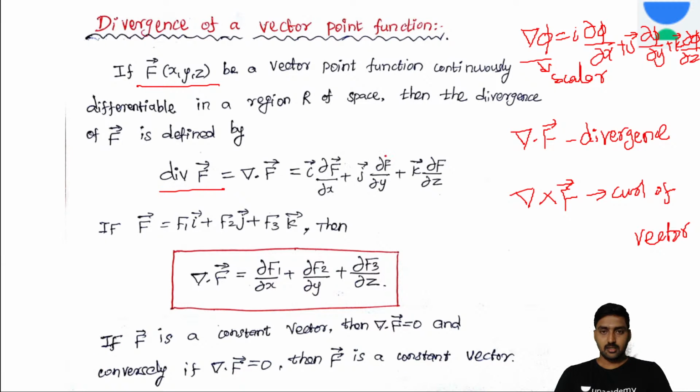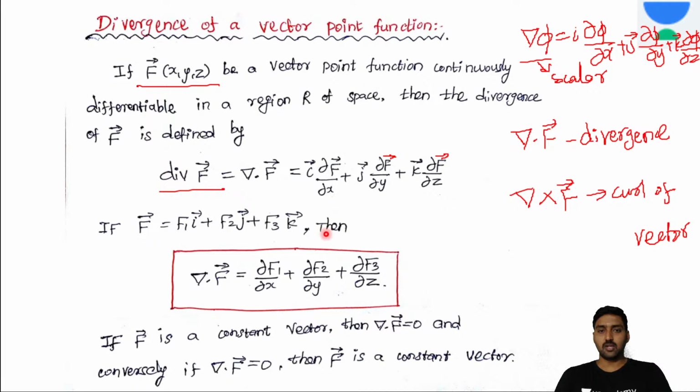In case f vector is equal to f1 i vector plus f2 j vector plus f3 k vector, then del dot f vector is equal to, while multiplying, what will happen? Instead of f vector we are substituting here.